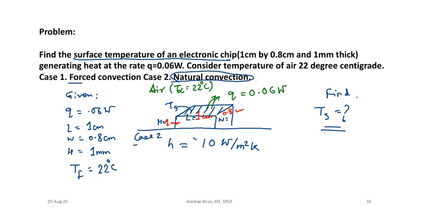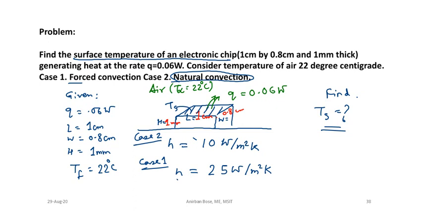If you consider case 1, then it will be forced convection, and maybe in that case its value is say 25 or 30 watt per meter square Kelvin. So these are the values of H that you can consider.